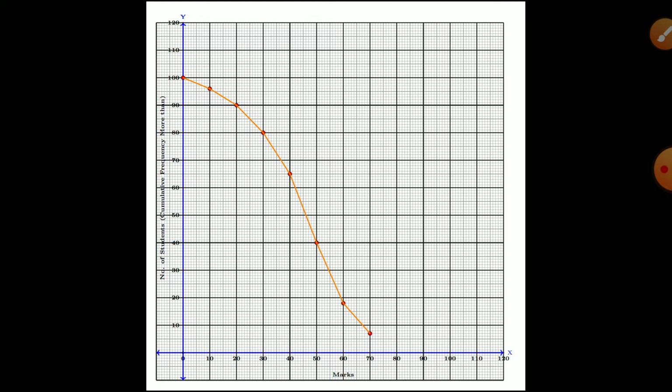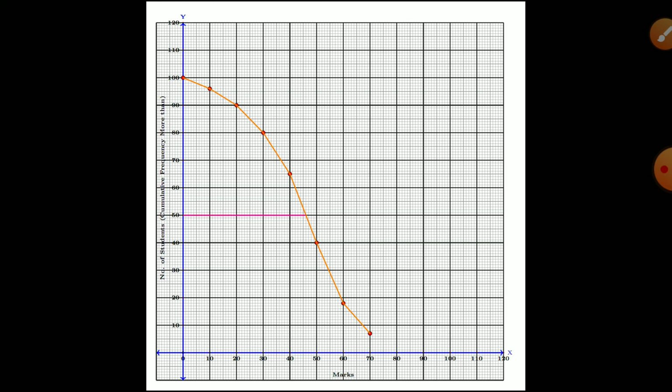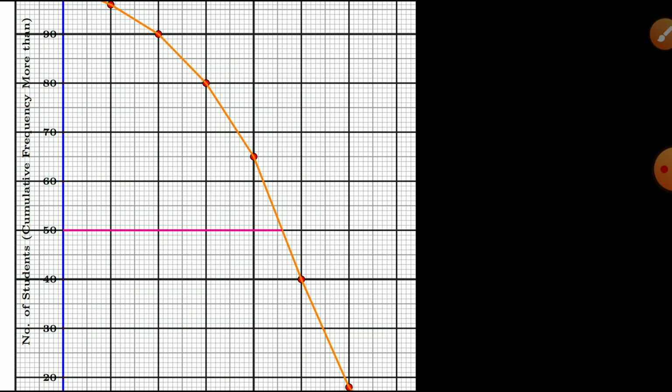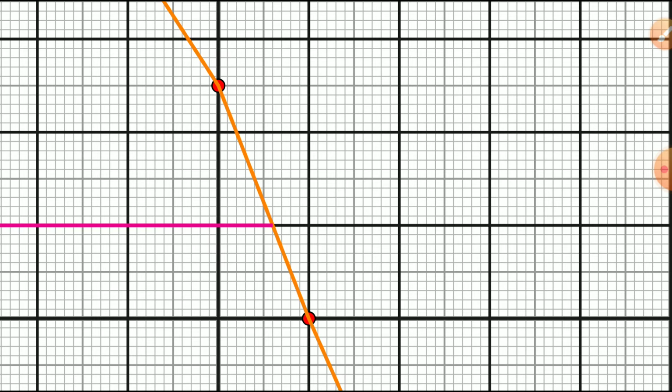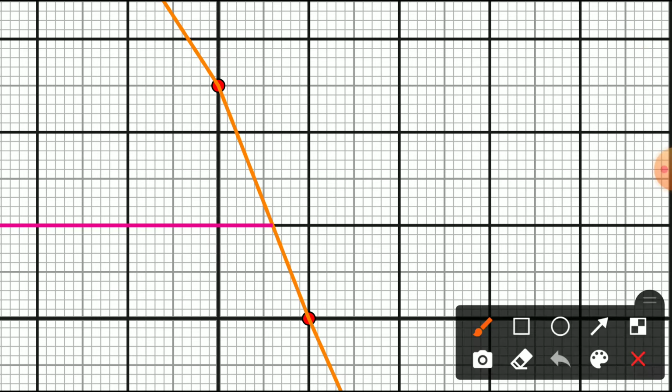So n by 2 means the 50th observation on the y-axis. Where is 50 on the y-axis? We draw a horizontal line from 50 on the y-axis, and it crosses the Ogive curve here.